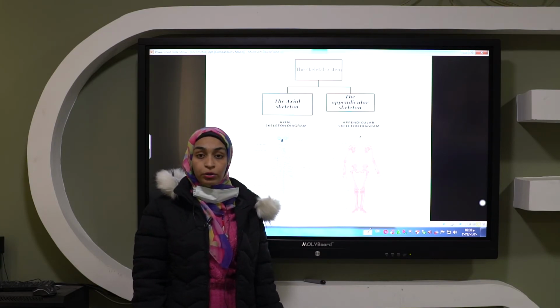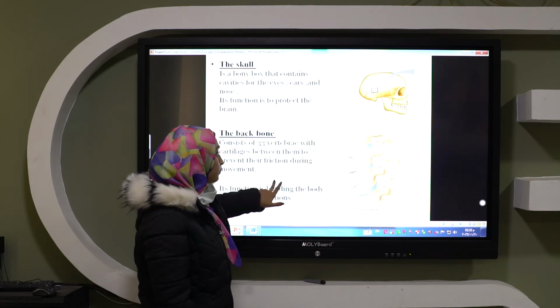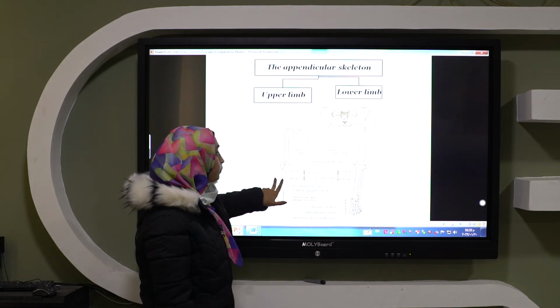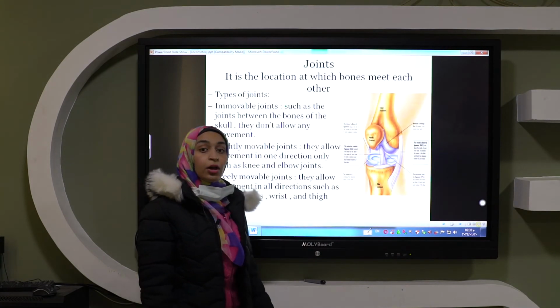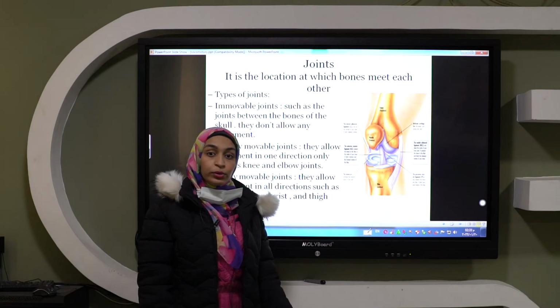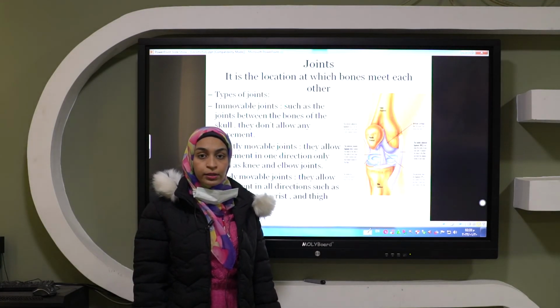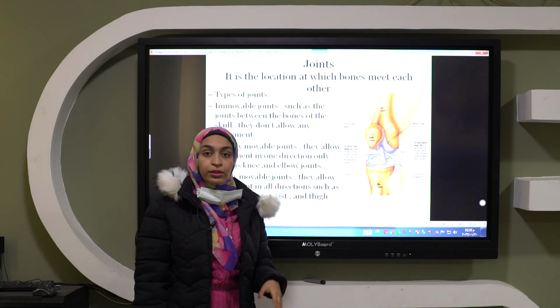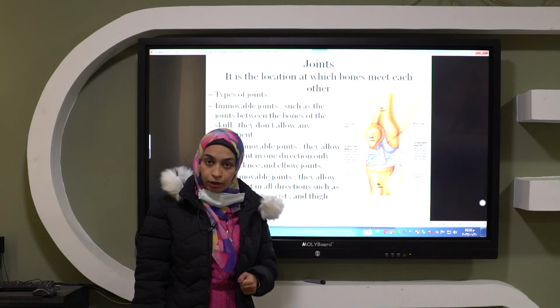The last part we talked about is the joints. Let's see. Joints are the places in which the bones meet each other. We have three types of joints. Immovable, which means it doesn't allow any movement between bones, like the bones of the skull.